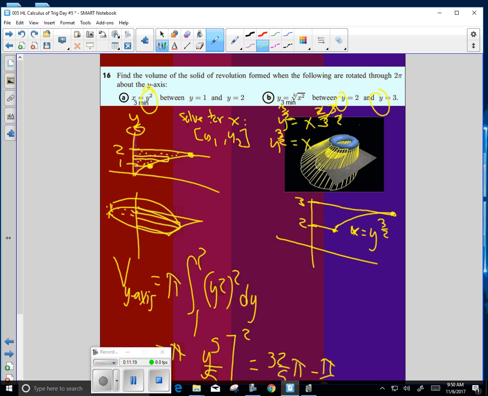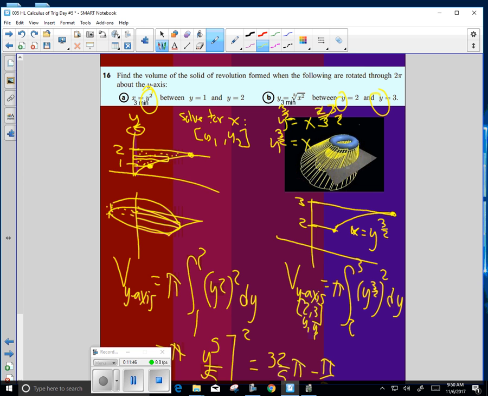We'll see. So the volume about the y-axis and going from y equal to 2 to 3, I'm going to put y1, y2 here, is still pi going from 2 to 3 of y to the 3/2 squared dy.